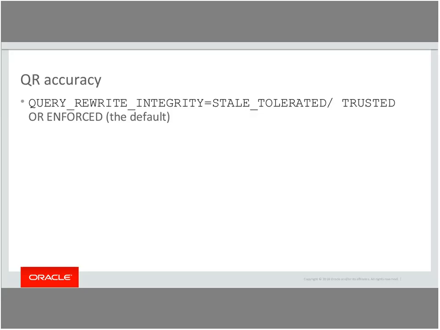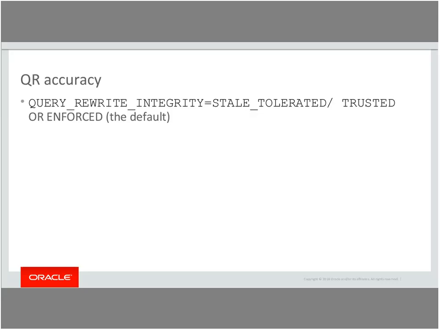In trusted mode, the optimizer trusts that the relationships declared in dimensions and relay constraints are correct. In this mode, the optimizer also uses pre-built materialized views or materialized views based on views, and it uses relationships that are not enforced as well as those that are enforced.